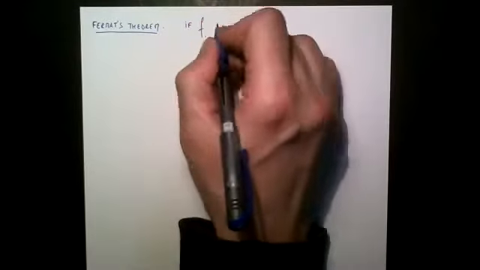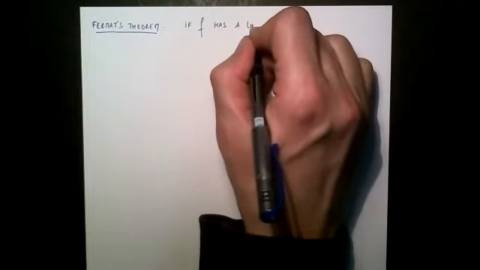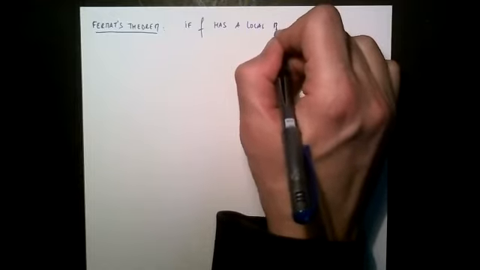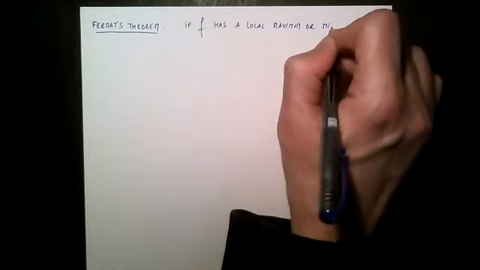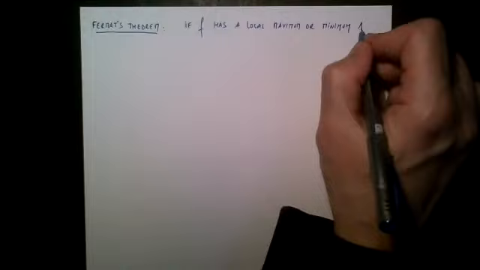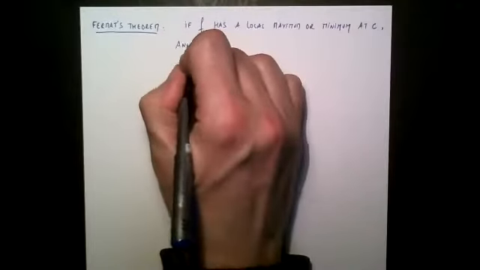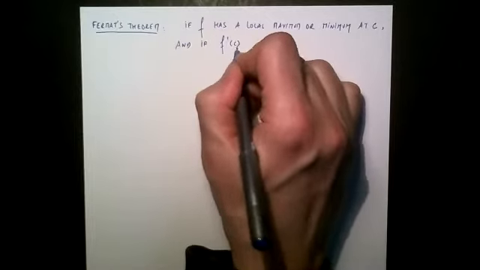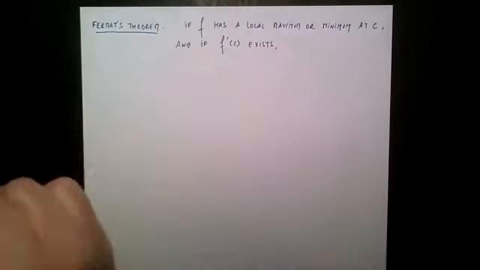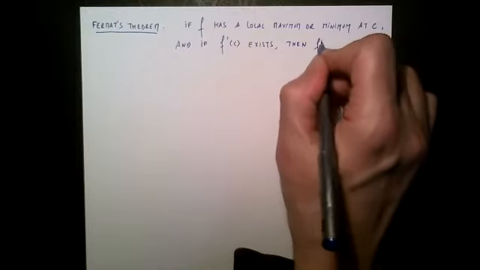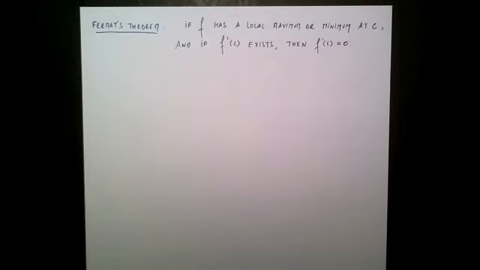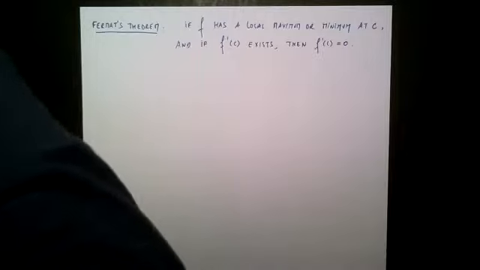So if f has a local minimum, a maximum or minimum, at c, and if f prime of c exists, then f prime of c equals 0. Okay, it's very important, this one.